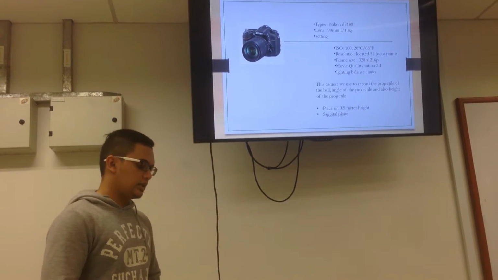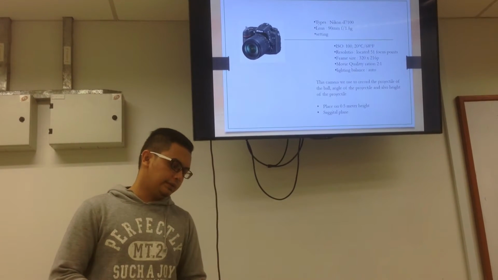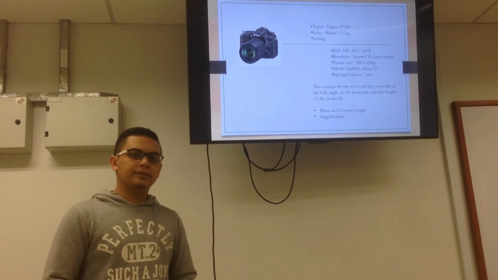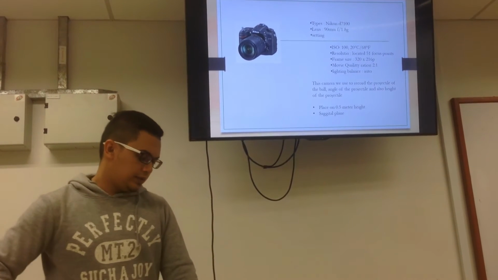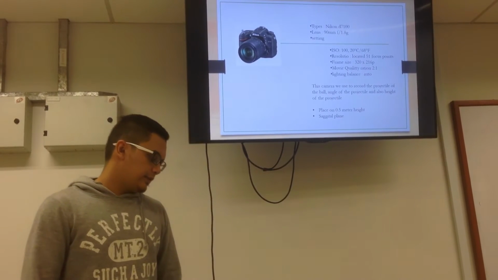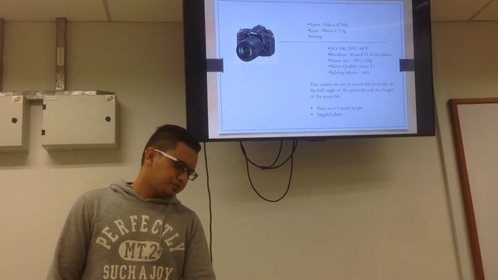We put the camera at 0.5 meter height and also on a sagittal plane. The difference between both cameras is the movie quality ratio, which is 2.1 and 3.2.